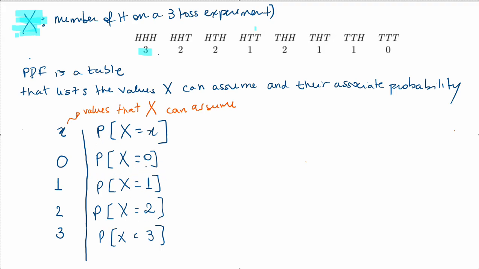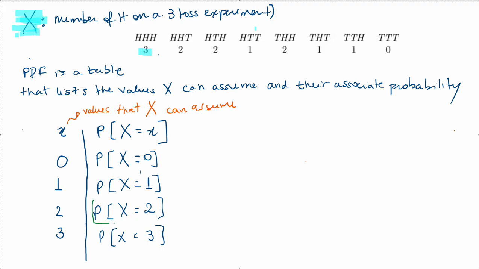In this column, you're taking a look at the probabilities. And to find whatever value you're asking for, you look at the rows. So if I ask you, what's the probability of your random variable being equal to 2?